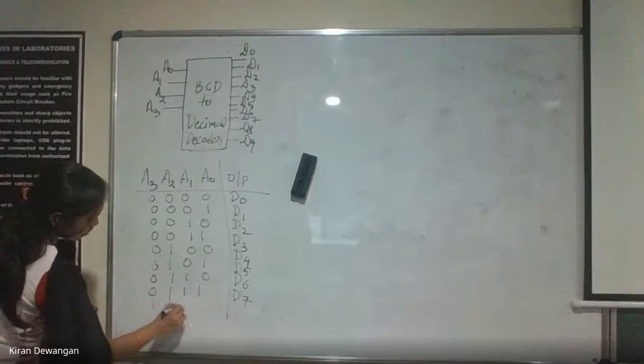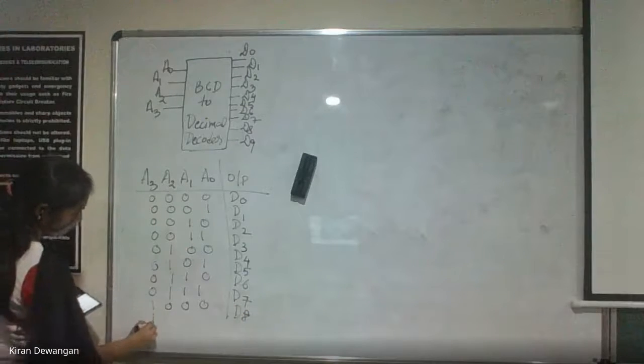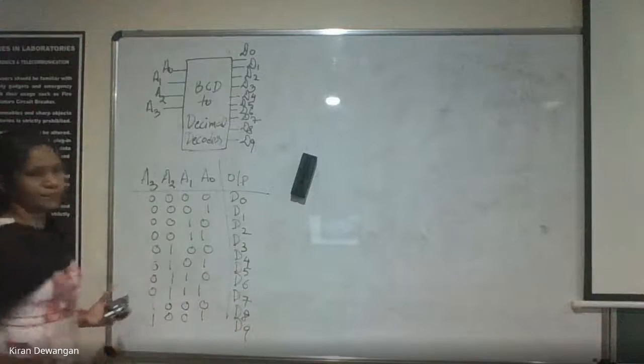Then 1, 0, 0, 0, it's D8. And 1, 0, 0, 1, D9.